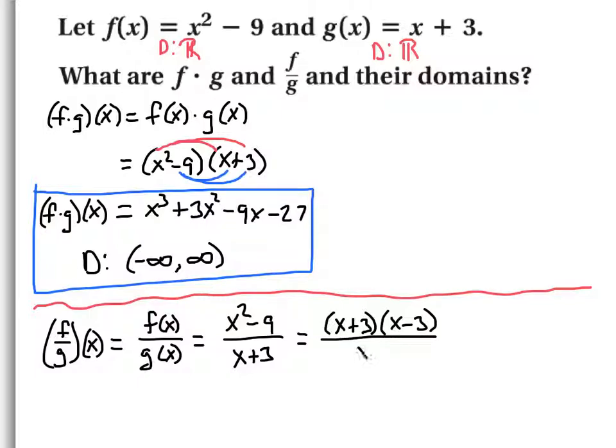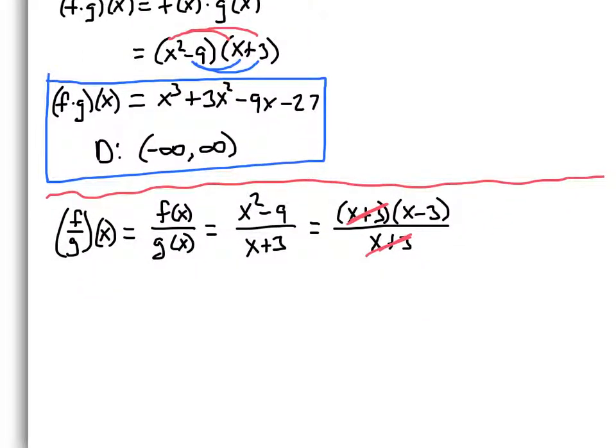And on the bottom we get x plus 3. So we want to go ahead and start to cancel stuff. I can cancel the x plus 3 from top and bottom. So we now know that f divided by g of x equals x minus 3.